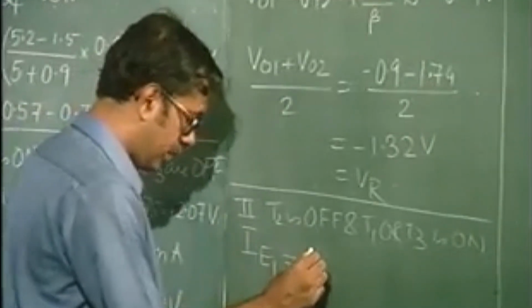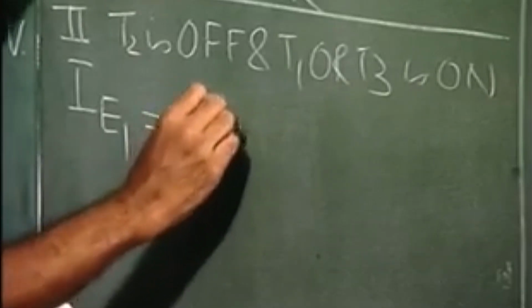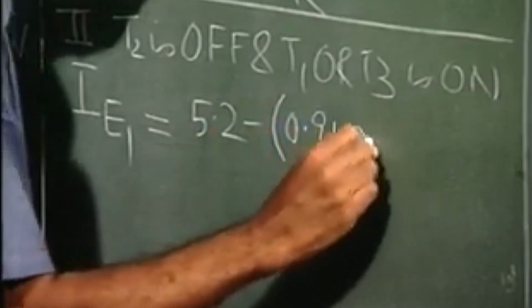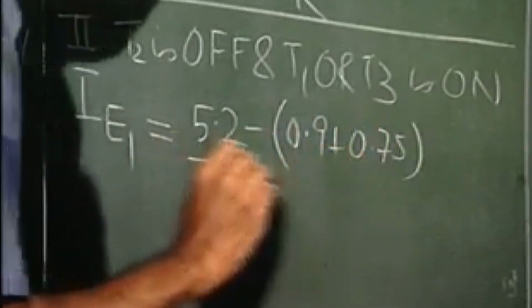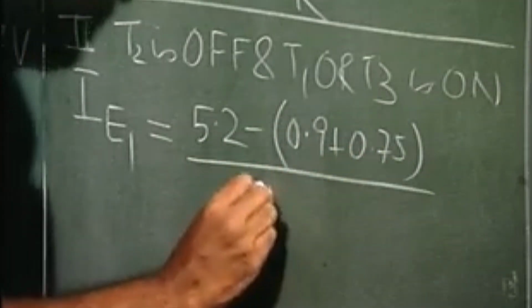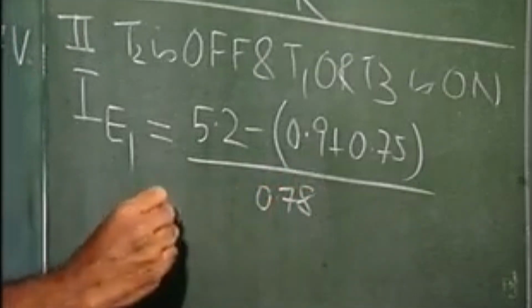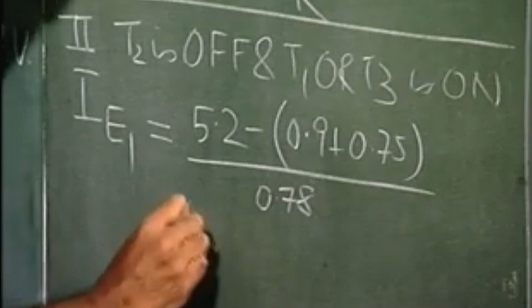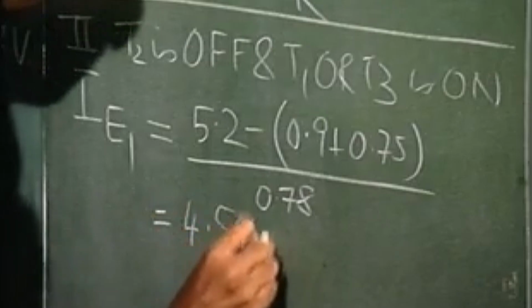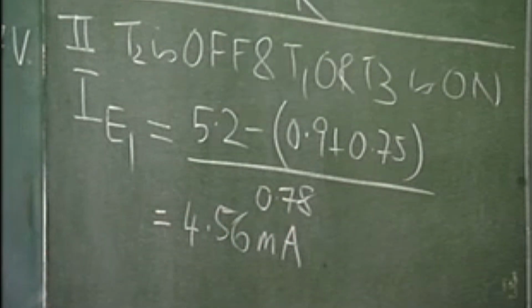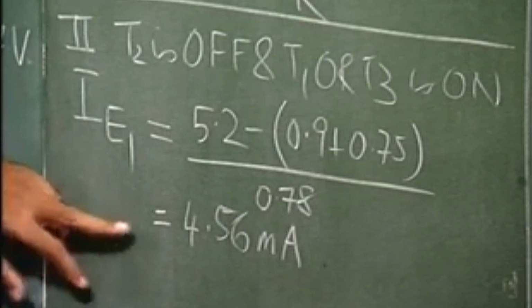So, you have 5.2 minus 0.9 plus 0.75 divided by 0.78 kilo ohms. So, this comes in milliamperes to 4.56 milliamperes. So, that is the current which is flowing.